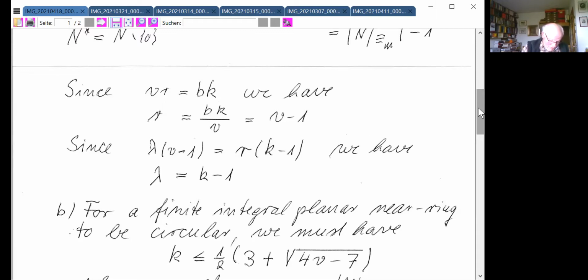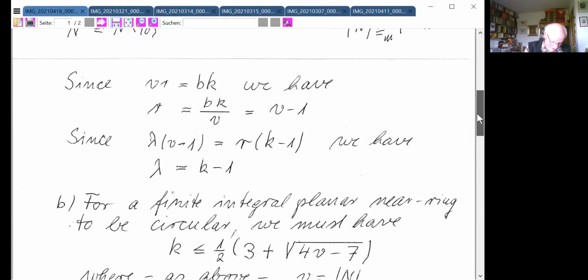All right. Now everybody knows, or almost everybody knows, there are infinitely many primes, and if you take the Galois field of a prime element, you can construct, as we showed, quite a few finite integral planar near-rings. And so we should be happy to see that we have many circular near-rings.